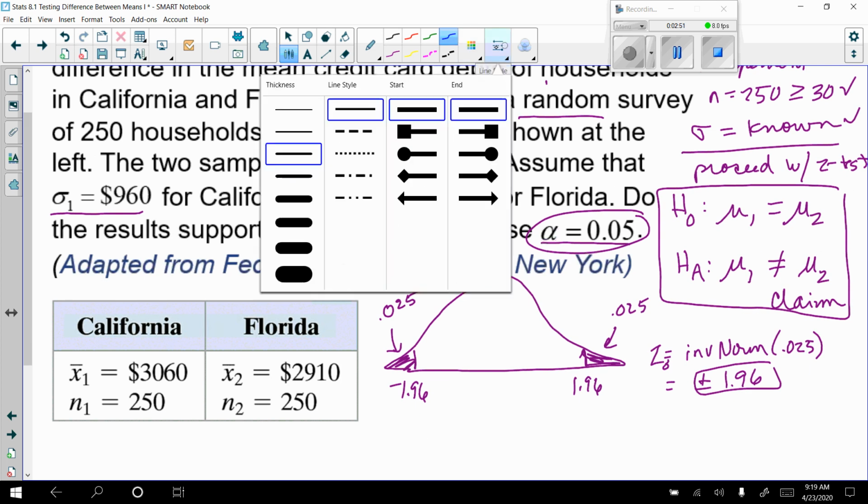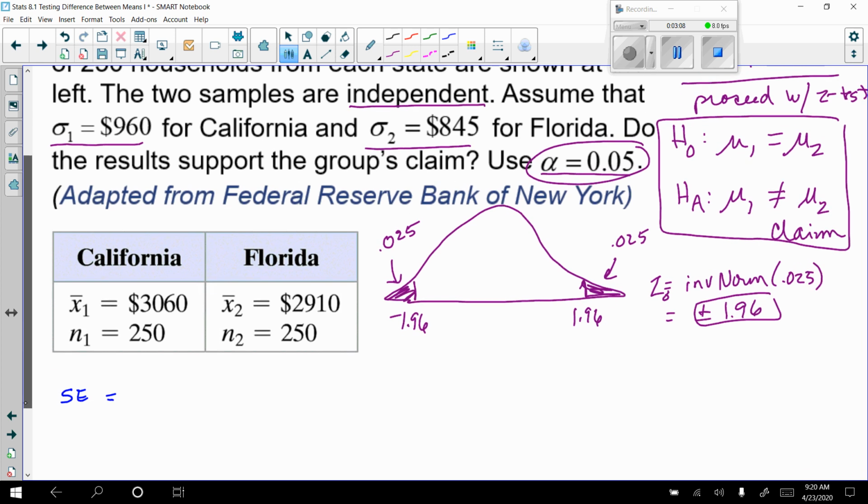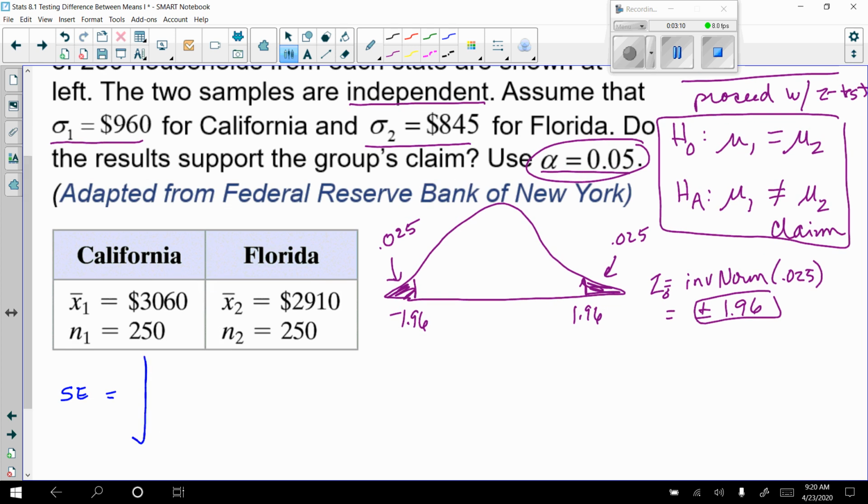From here we're going to find our standard error. Our standard error formula is from the steps that I gave you. You're going to do the square root of sigma 1 squared over n1 plus sigma 2 squared over n2.